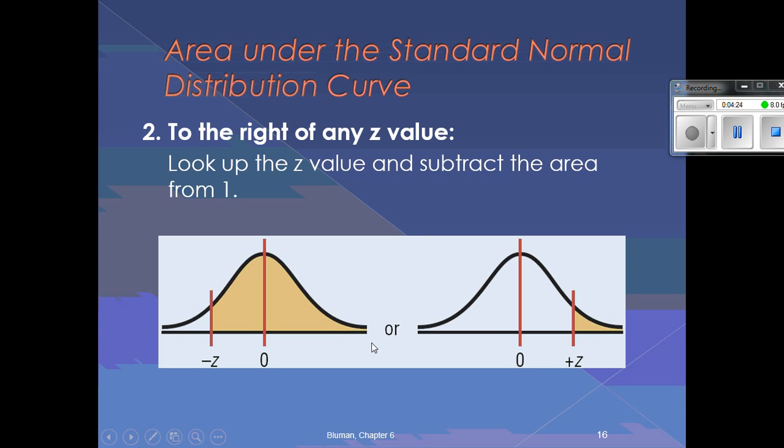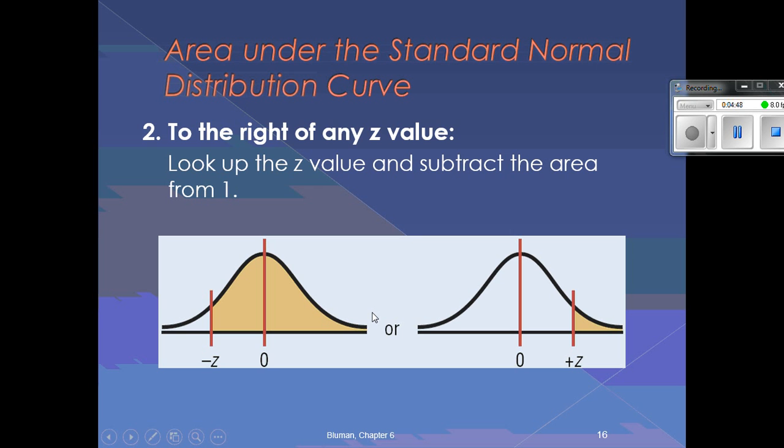We would look for the value in the back of the book, and then we'd have to realize that, let's say here's what 8 turned into as a z-score, the back of the book would give us this over here. Well, to find the area over here to the right of it, which is greater than it, we would have to subtract the area from 1.